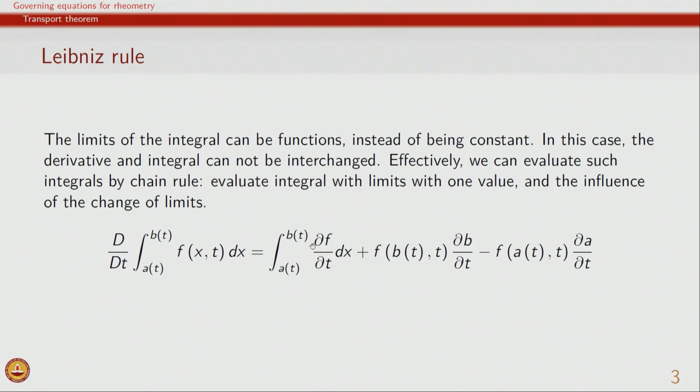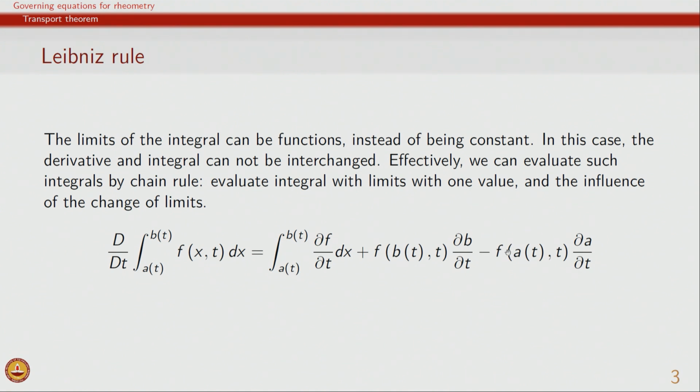So, we evaluate the rate of change of f, or the derivative of f as a function of time over all this domain. And now, the other term is the combination of these two terms, in which case we look at the value of f at the boundary. So, this is the first boundary, and then we look at the rate of change of b itself.